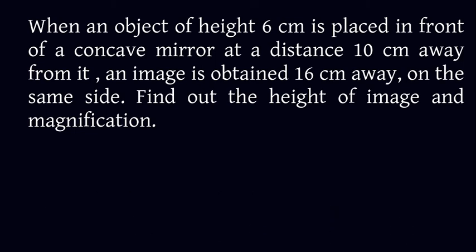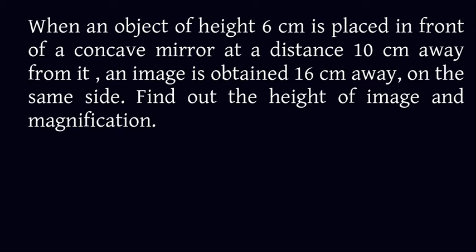When an object of height 6 centimeter is placed in front of a concave mirror at a distance 10 centimeter away from it, an image is obtained 16 centimeter away on the same side. Find out the height of the image and magnification. So we want to find the height of the image, that is hi, and magnification m.